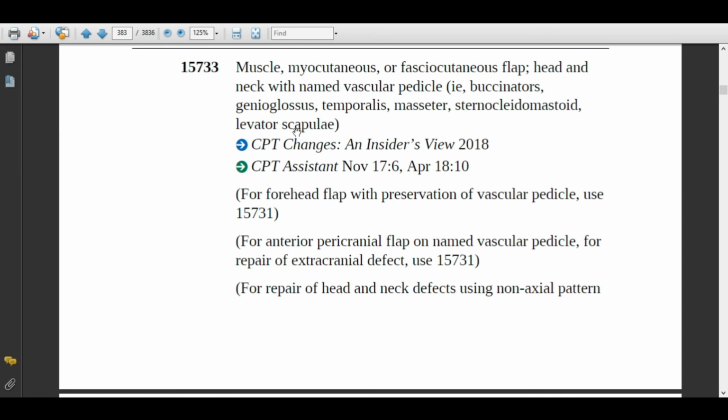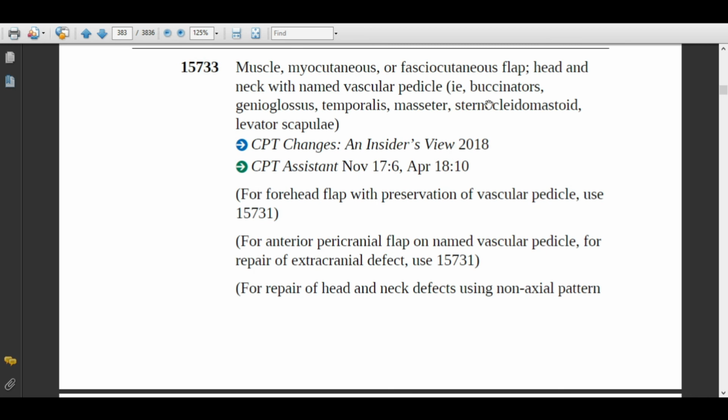So for example, the patient came with a laceration on the back side of the neck. Then the physician placed him under general anesthesia. By using a sharp knife, he lifted the levator scapulae muscle and moved that flap to the defective area on the neck by rotating it and attached it by suturing. Then he closed the donor site as well.